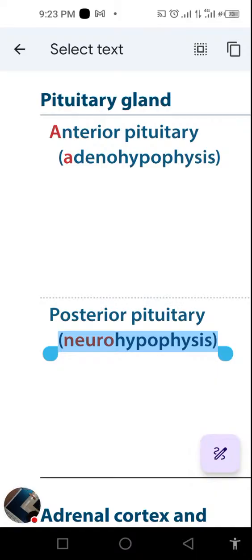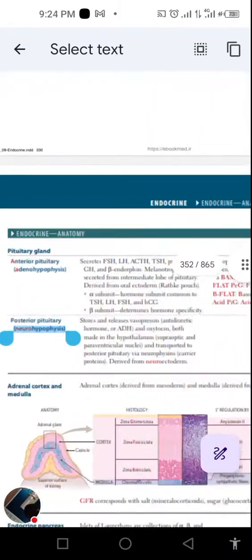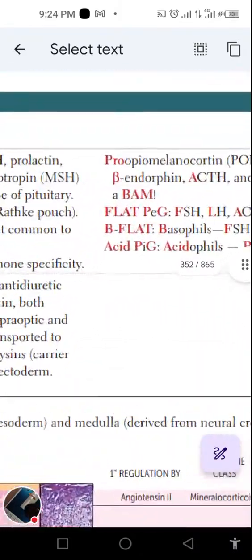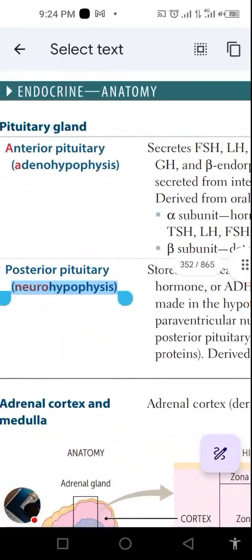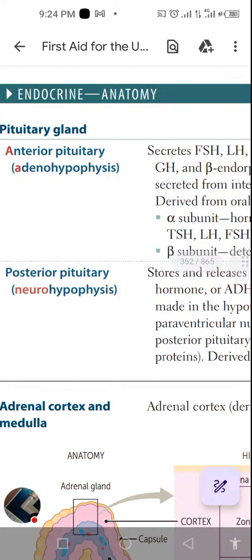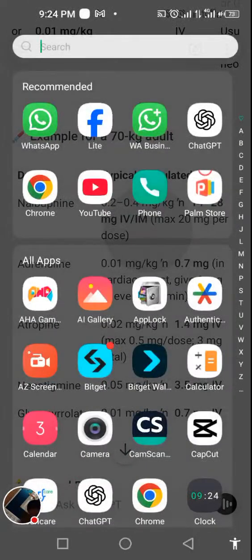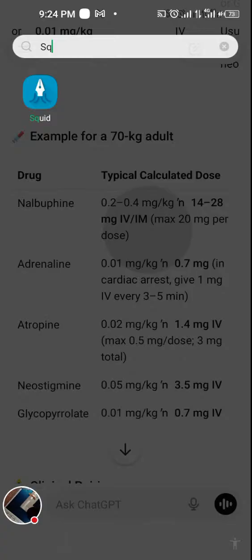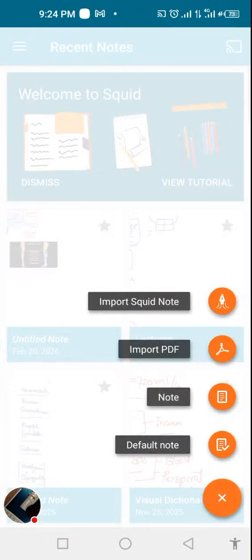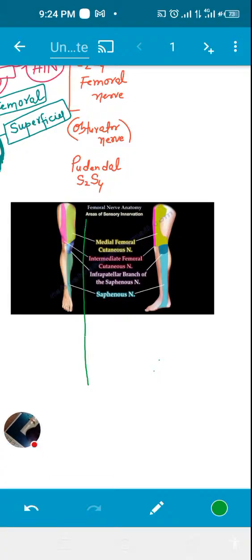The pituitary gland is hanging from the hypothalamus. We will be comparing both, and looking at what hormones are released from the anterior and posterior pituitary.